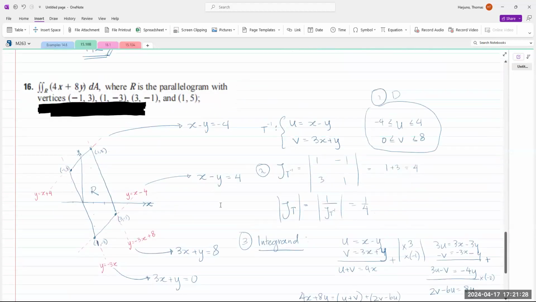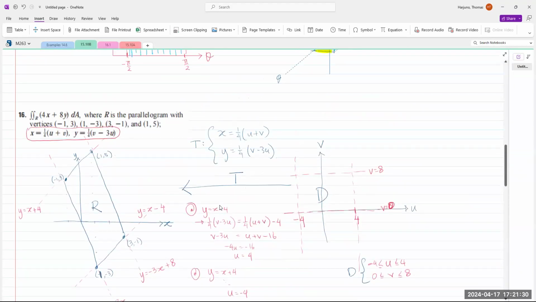Okay, my point is, in question number 16, the messed up part is the domain. The integrand seems to be doable actually. So what we need to do is change the domain of integration and make it something nice like a rectangle.